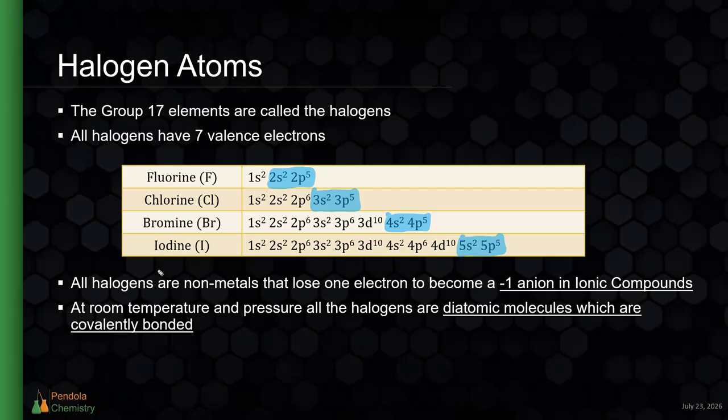So if we had astatine here, which its symbol is At, the electron configuration would be very similar, meaning that you will still have 7 valence electrons. It will just be on the next energy level up. So the very end of the astatine electron configuration would end in 6s2 6p5.